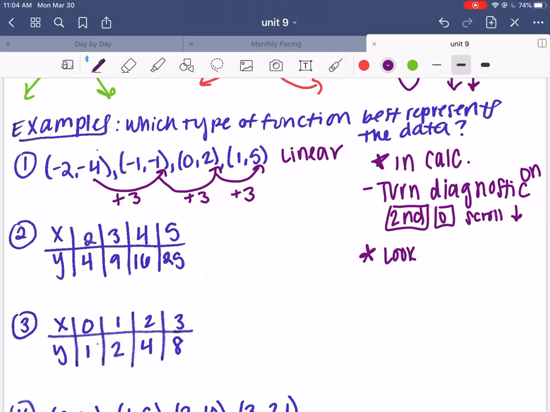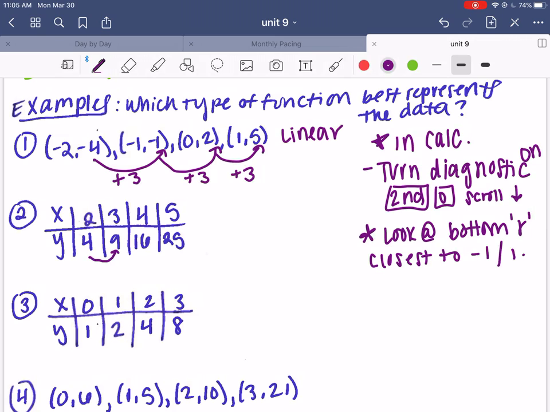You want to look at r at the bottom. Okay, I think it actually is r squared for quadratic. And you want what is closest to -1 or +1. Whatever one is closest will be the function that would be best.